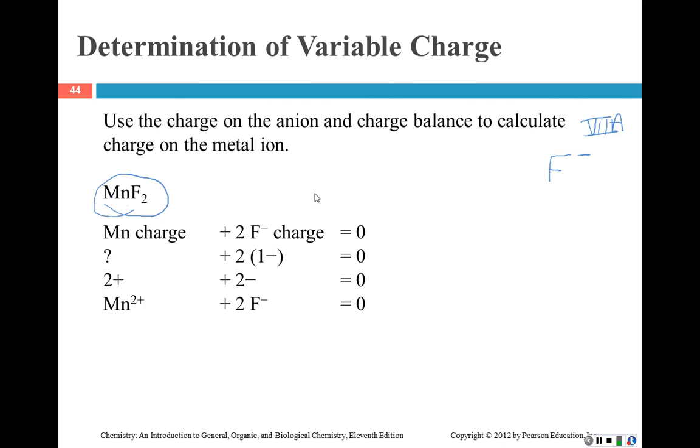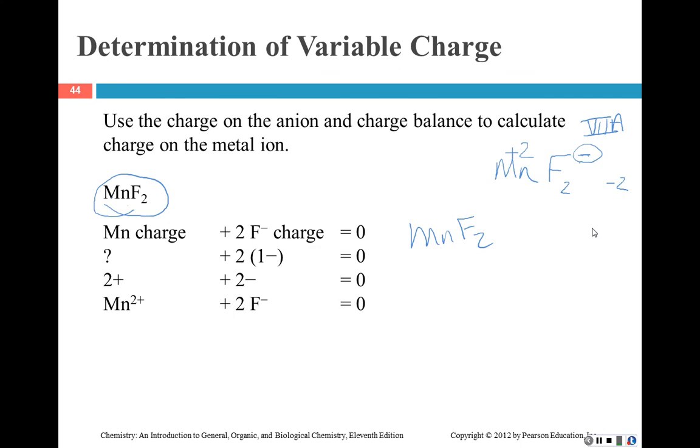So if I look at this formula, MnF2, that tells me I had 2 times a negative for a -2 charge. I've only got 1 manganese, so that means manganese must have had a +2 charge. Does that make sense? That's the only way manganese could be in that formula with fluorine. So I can use the fluorine to figure out what the charge is on the manganese.